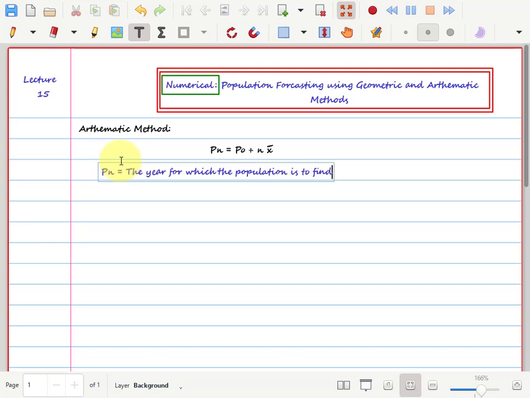Okay, this represents the year for which we are finding out the population, and then P naught means the population of the last year, okay, the latest year.